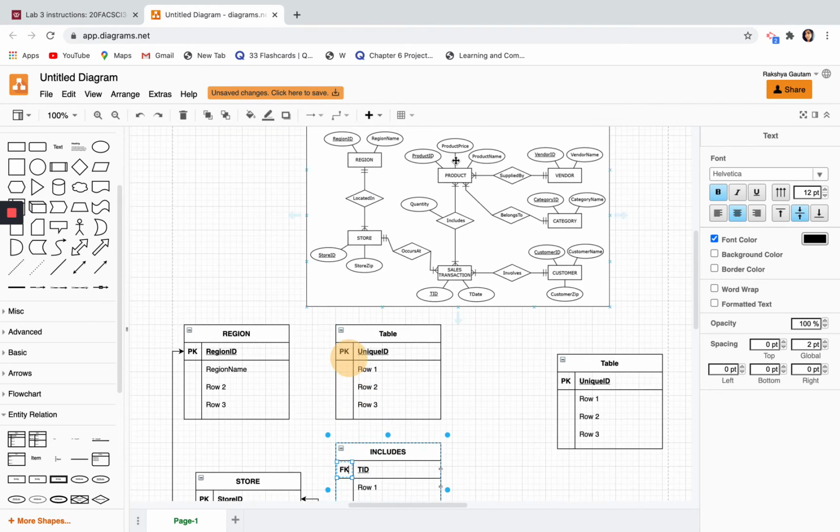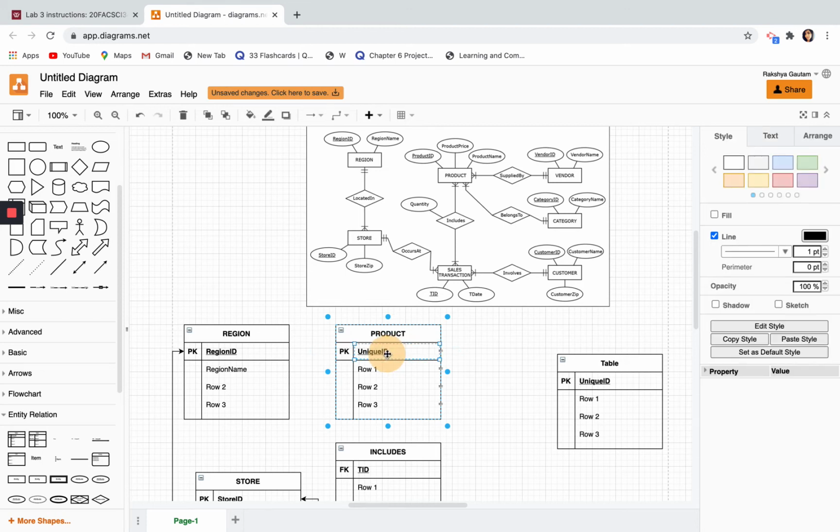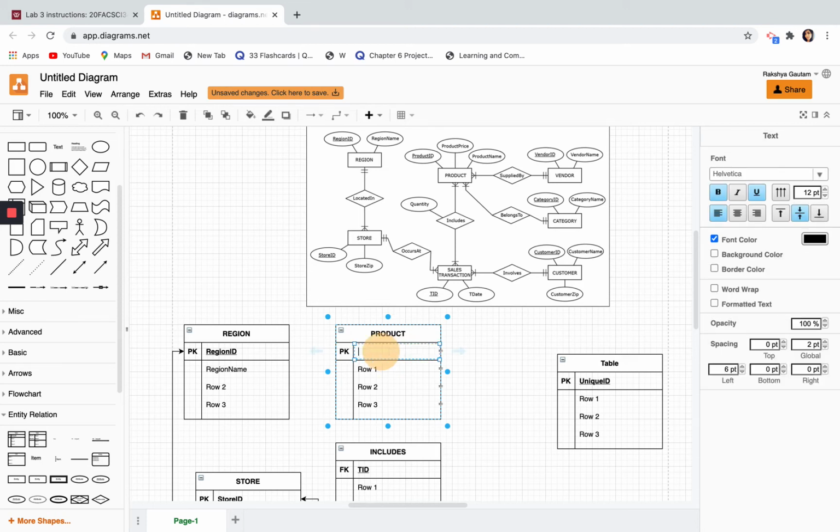Next we have the product. Let's work on the product. Over here it has the unique ID, that is a primary key.